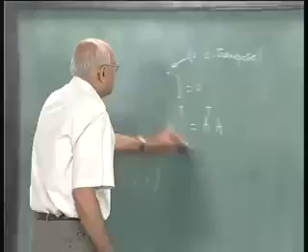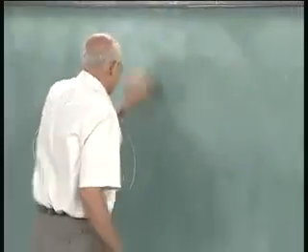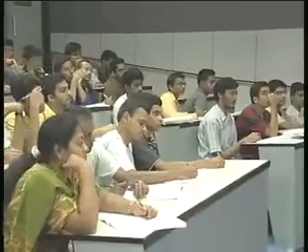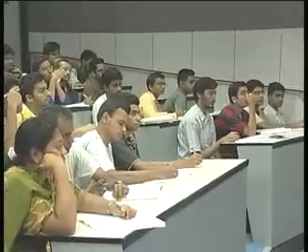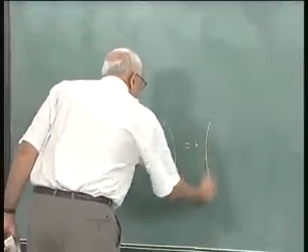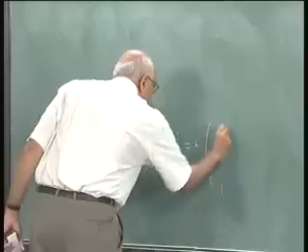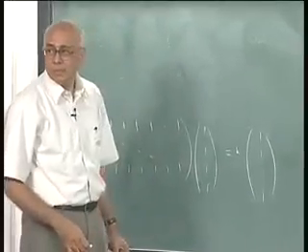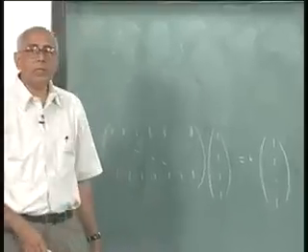What happens if you apply it to the column vector 1 1 1? What do you get? You get n times the same column vector. So won't you say n is an eigenvalue?